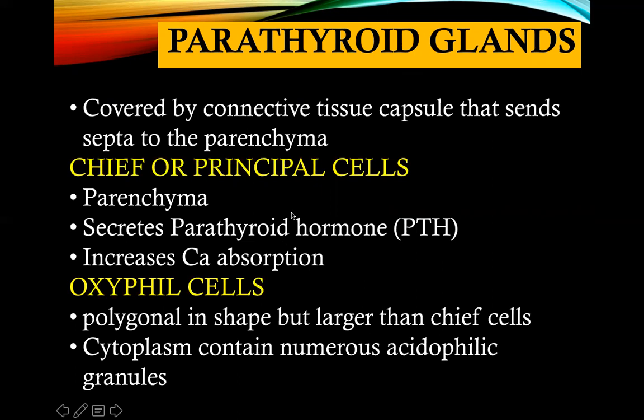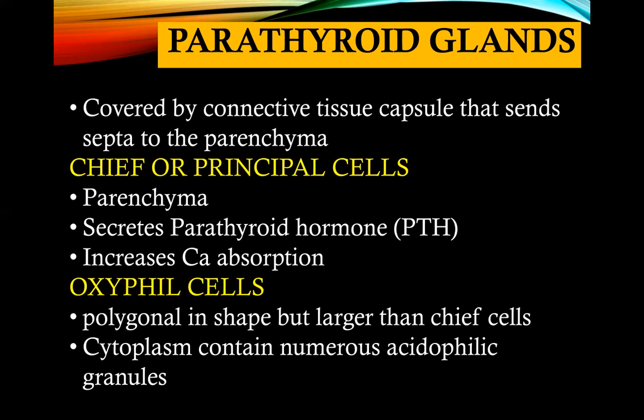Meaning, the level of your calcium, if parathyroid hormone is being secreted, will become increased. Okay? Increase. This is in contrast with the parafollicular cells that are found in the thyroid gland secreting the hormone calcitonin.